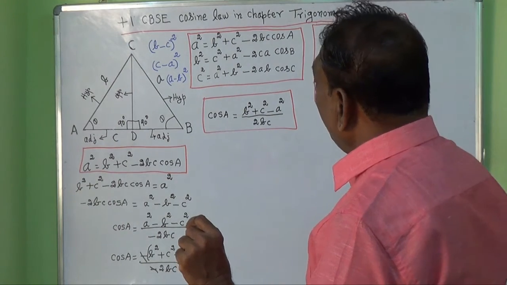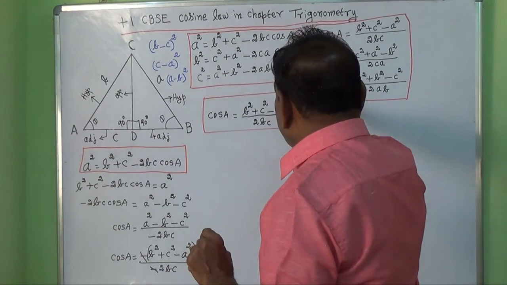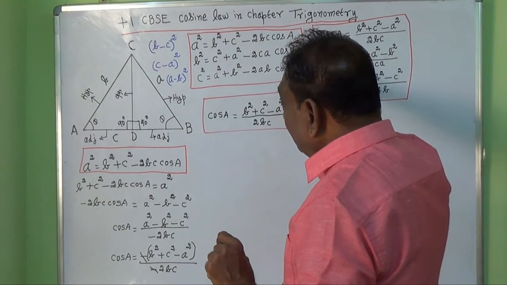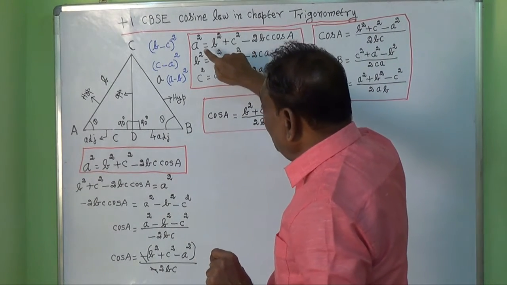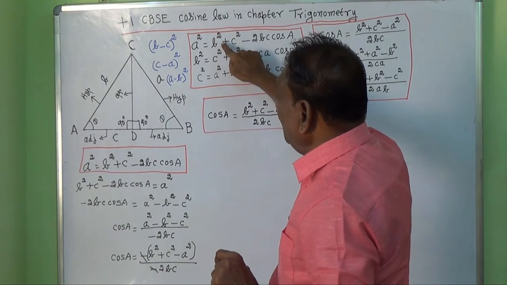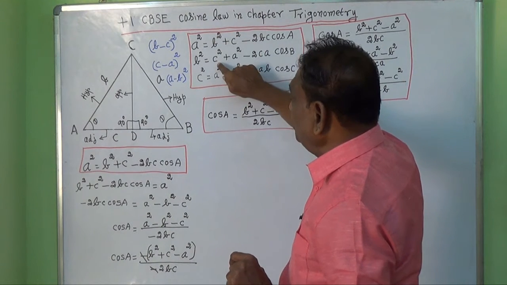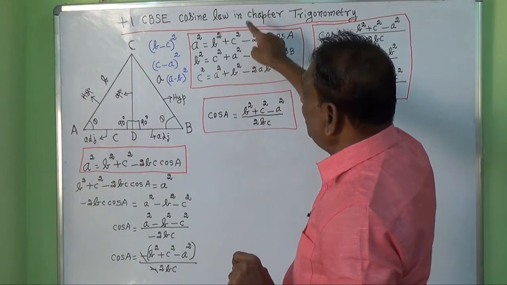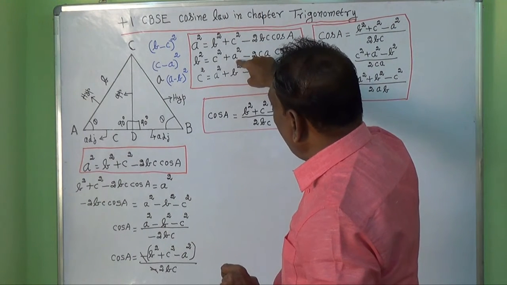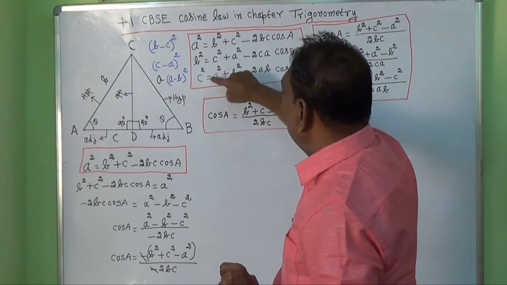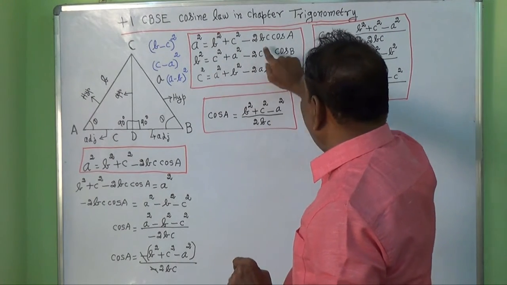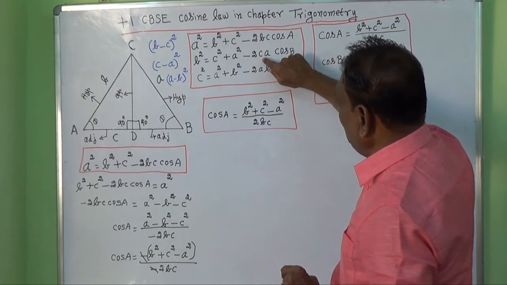How? On seeing these formulae, we understand that after the side a, the side b is written. After the side b, the side c is written. After the side c, in rotation, the side a is written. So in all these cases, we can understand this. After the side b, the side c is written.